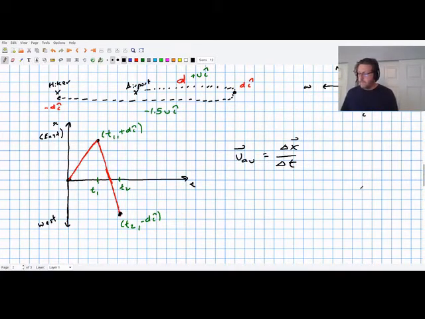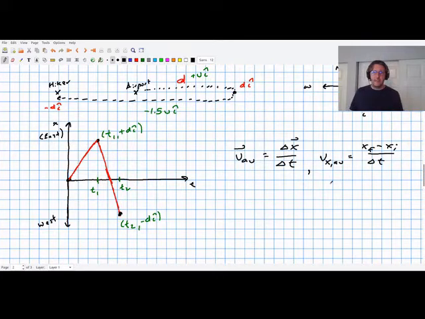And then there's the complementary version of that for the x component of the average velocity. The x component of the average velocity is the final position minus the initial position, the x coordinates, divided by how much time it takes to do it.